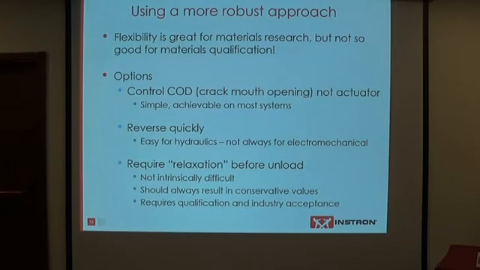Also, not too bad, it's easy if you're using a hydraulic machine, but not everyone uses that. And the other one, which is a bit more tricky, is to require a relaxation time before unload. Now, control-wise, it's fine, and it should always result in conservative values, as far as I can interpret it. But it requires some qualification. It requires some acceptance from the industry and from the standards bodies.